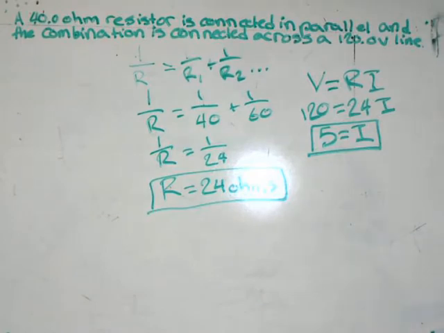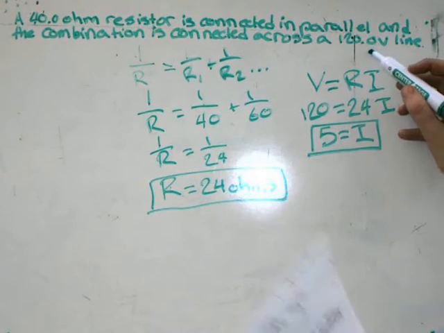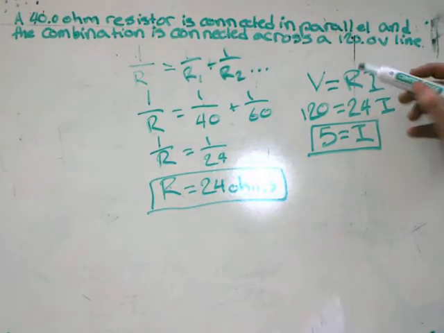Finally, the last part of this problem, which I think is the trickiest, is, what is the current through each resistor? The only key piece of information you need to know is that the voltage stays constant. It doesn't matter that it's in parallel. So the voltage is going to be 120 across all of this, and resistor 1 is 40 ohms and resistor 2 is 60 ohms.